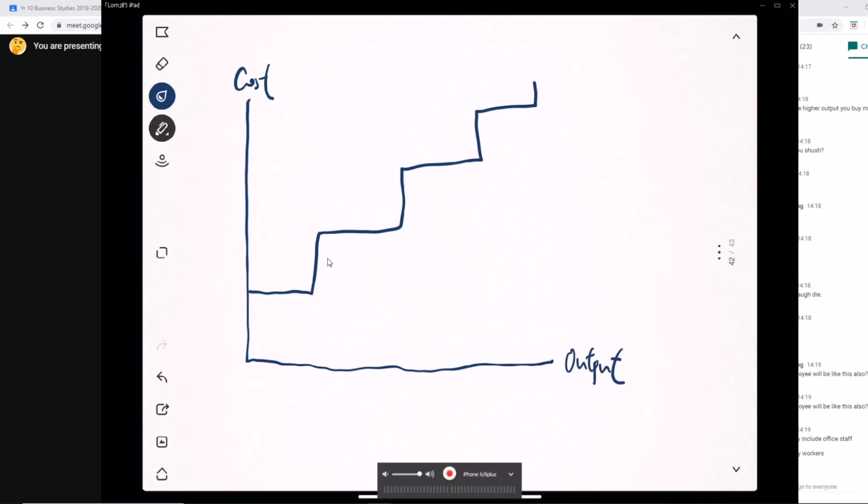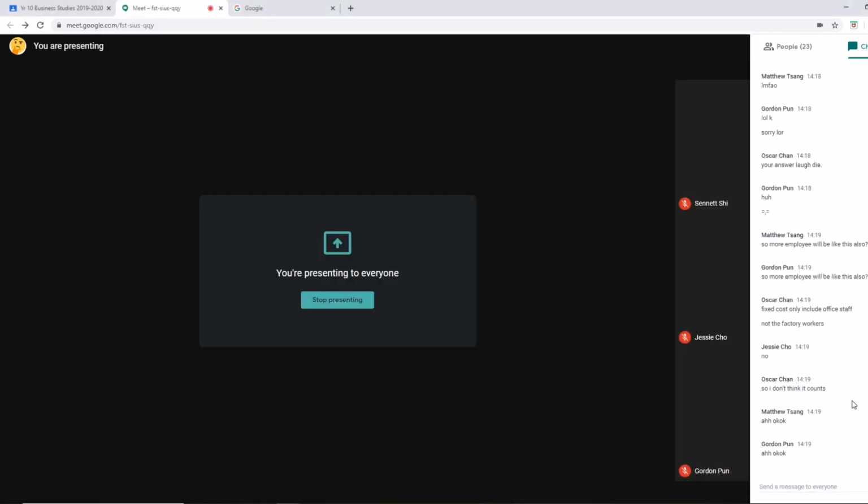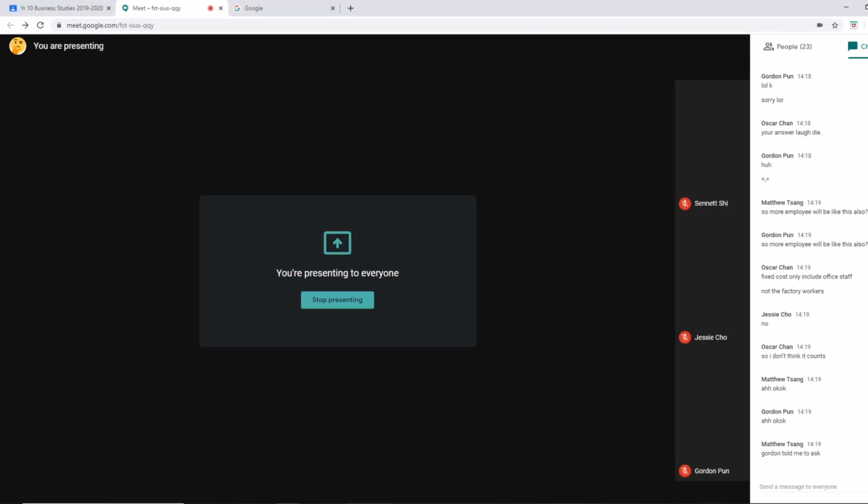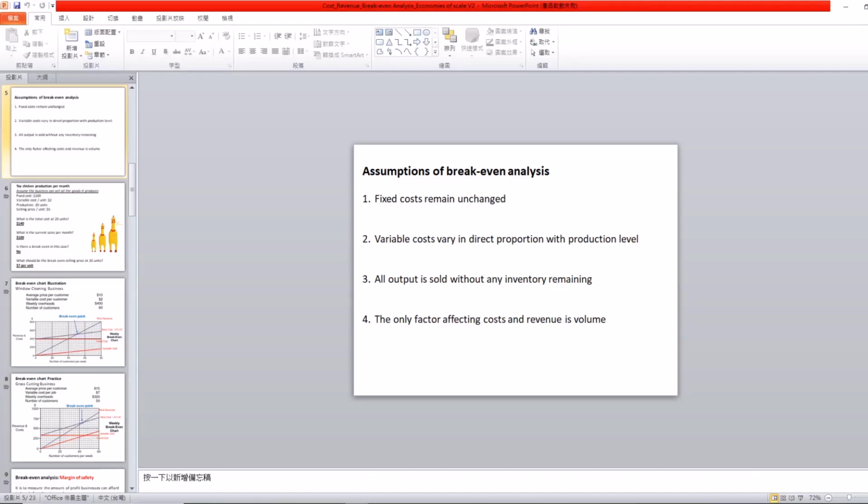When we use analysis, we are trying to find an easier way to get some reference. We are not trying to find the absolute answer, we're trying to find a reference. So that's why we have to make that assumption.